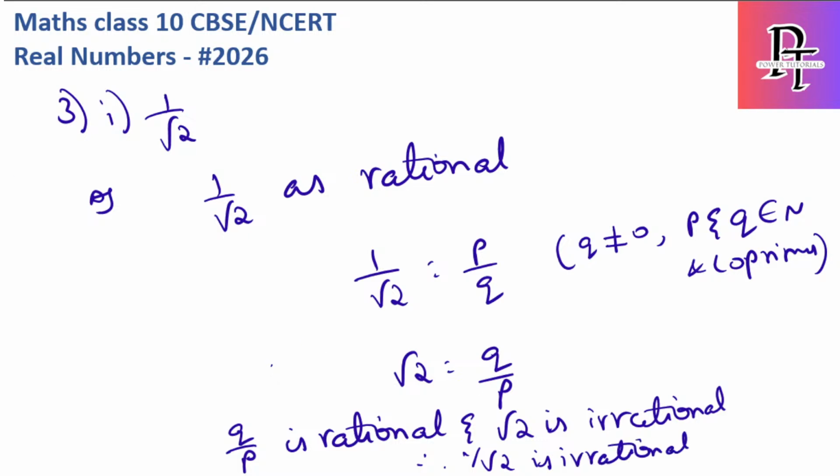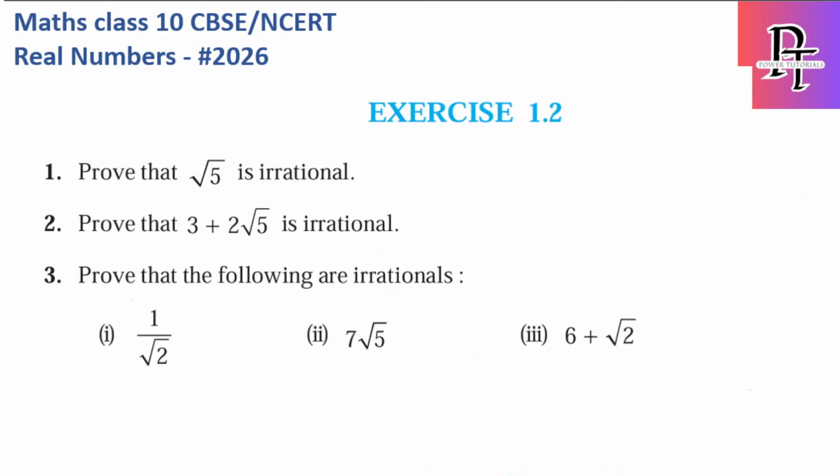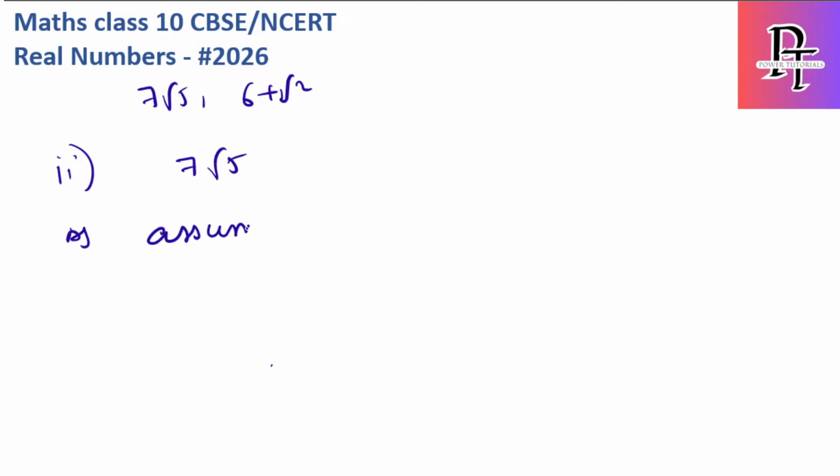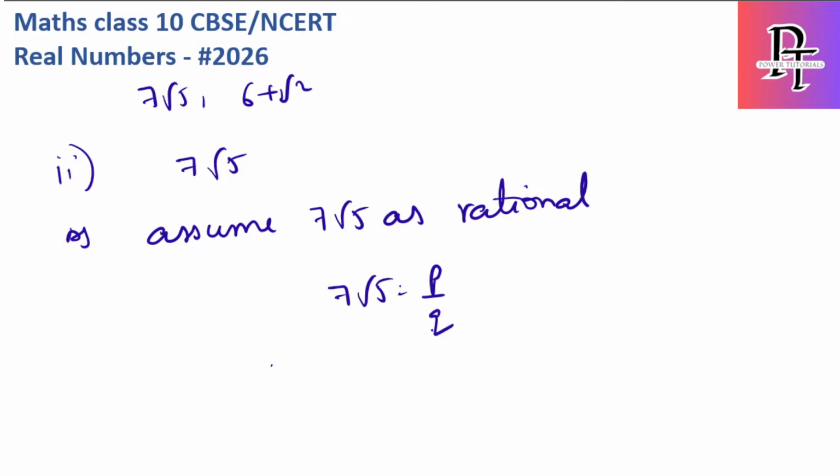Okay, let's see the next one. 7 root 5 and 6 plus root 2. Okay, let's solve 7 root 5 first. Again the same steps. Assume 7 root 5 as rational. So 7 root 5 is equal to p by q. Root 5 is equal to p by 7q.